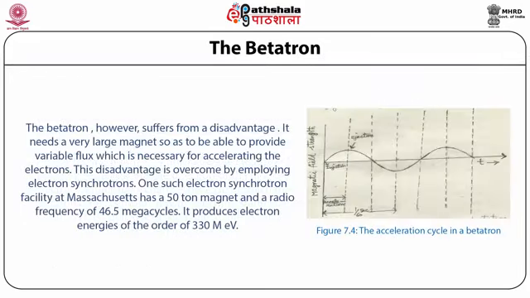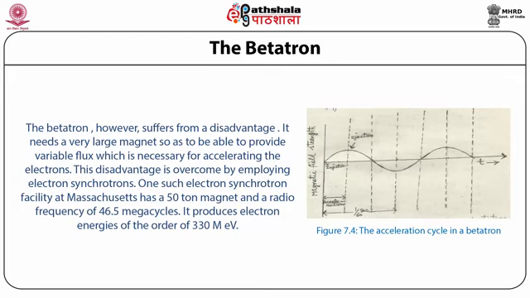The Betatron, however, suffers from a disadvantage. It needs a very large magnet so as to be able to provide variable flux, which is necessary for accelerating the electrons. This disadvantage is overcome by employing electron synchrotrons.